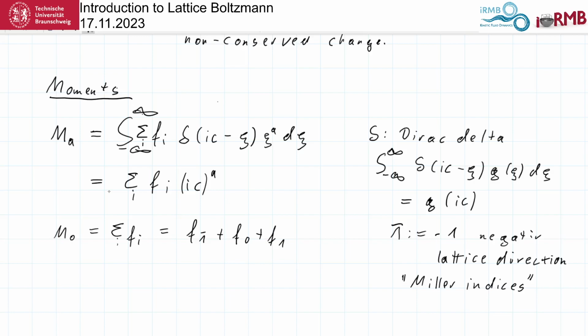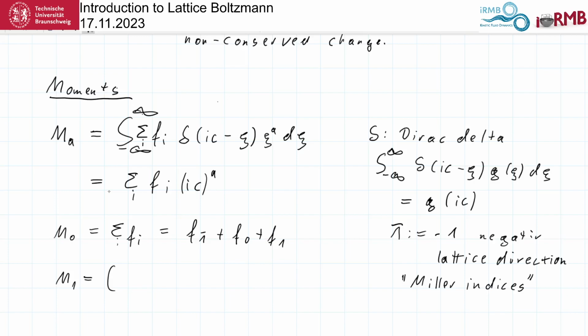Okay, so the zero order moment is just the sum of all of them. Now the first order moment is I times c to the power of 1. So if I is 0, this drops out, so we don't get an f0.